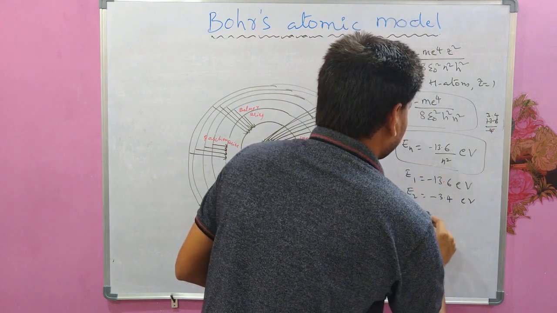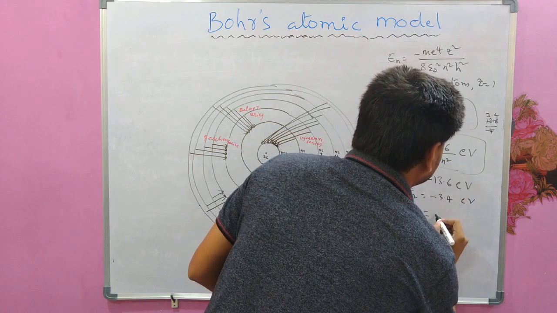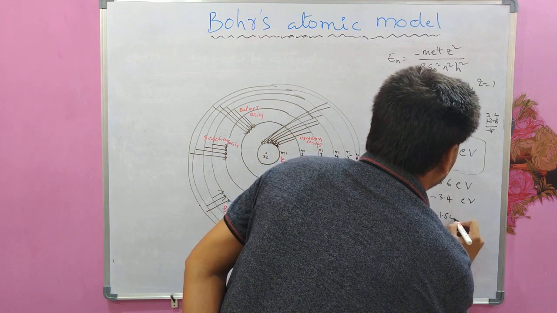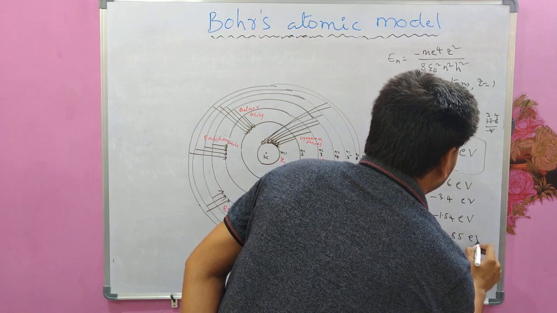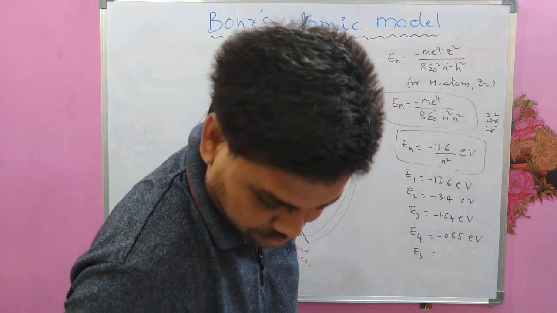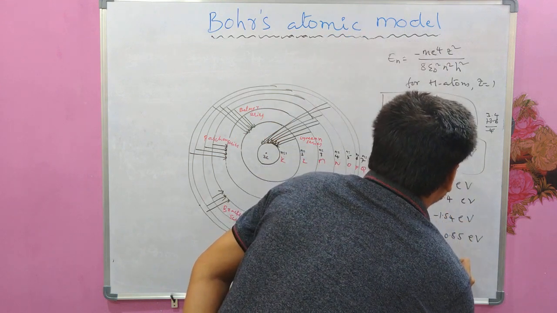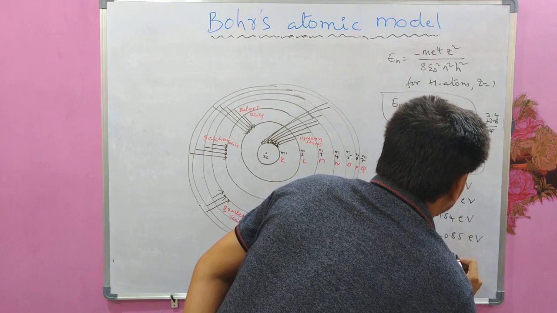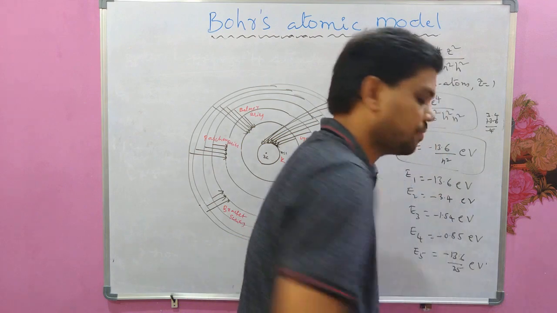E3 will be minus 13.6 by 9, which is minus 1.54 electron volt, and E4 will be minus 0.85 electron volt, and E5 will be minus 13.6 by 25 electron volt.